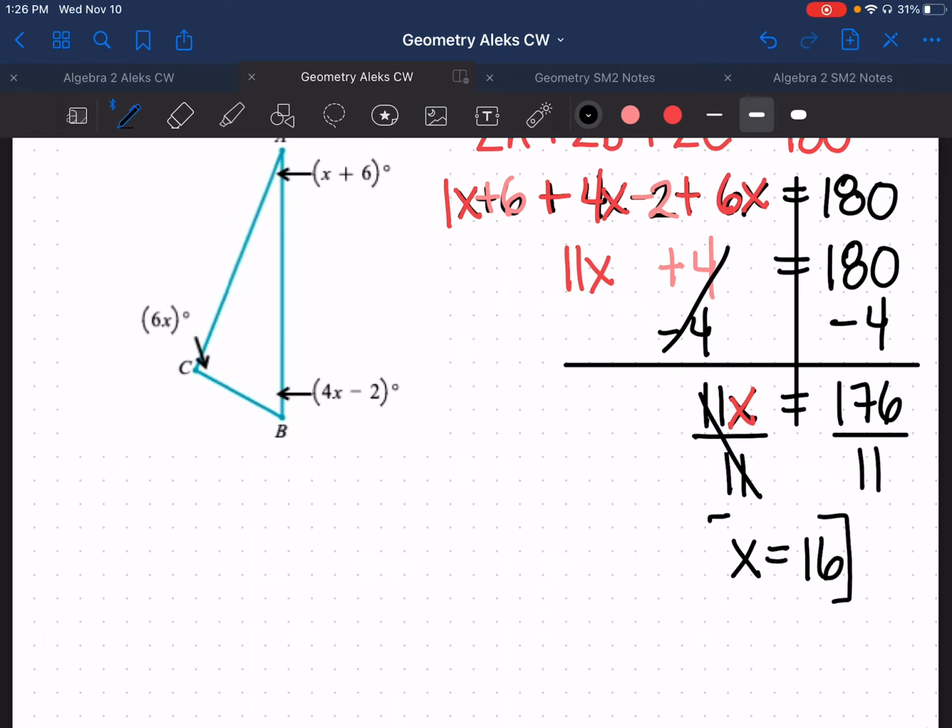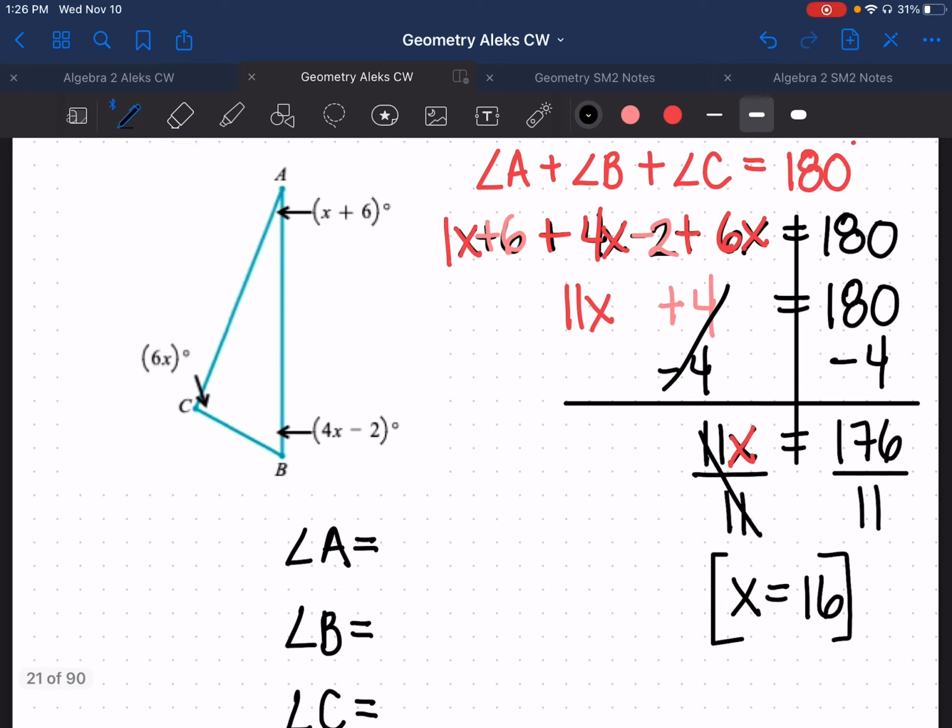Now the quiz is going to ask you to fill in the measures of angles A, B, and C, or like I said, I think it's L, M, and N. So all you're going to have to do is go back and plug them in.